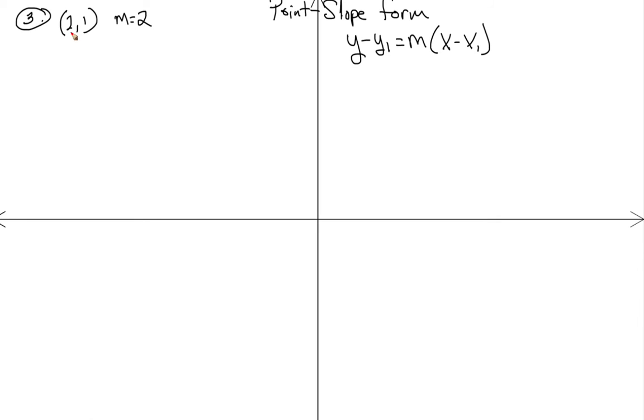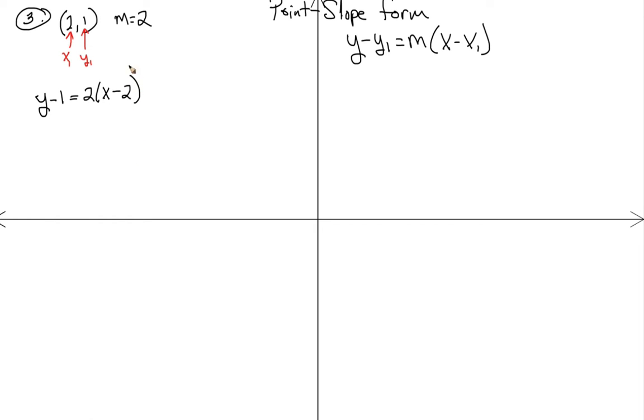This one right here is my x1, and this one here is my y1. Now I can work out my equation. So y minus my y1, which is 1, equals my slope, 2, times x minus x1, which is 2.